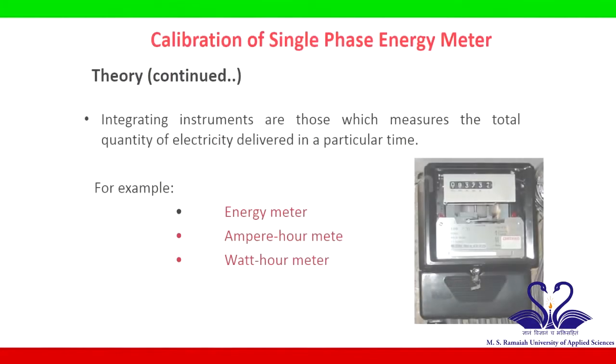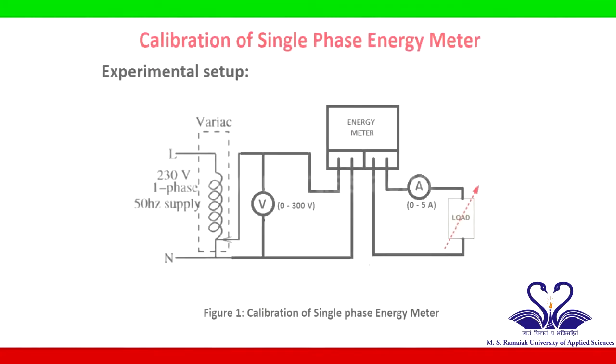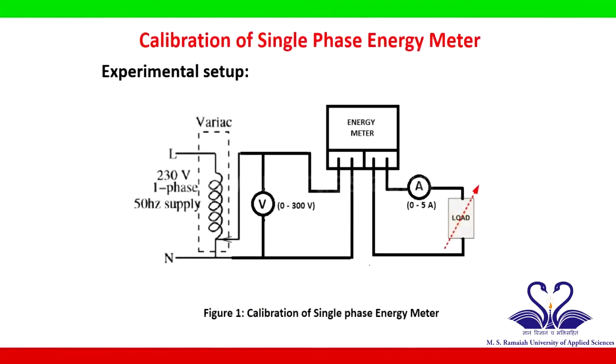Integrating instruments are those which measure the total quantity of electricity delivered in a particular time. For example, energy meter, ampere hour meter, watt hour meter, etc. This is the experimental setup of calibration of single phase energy meter.